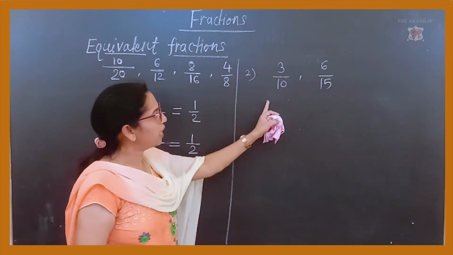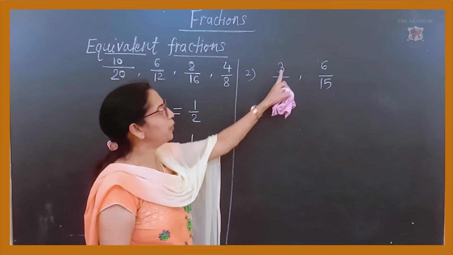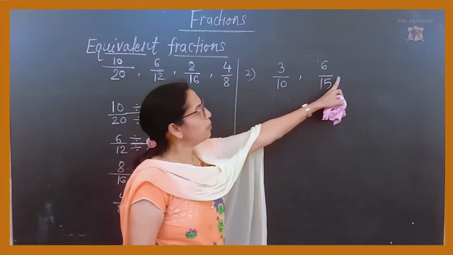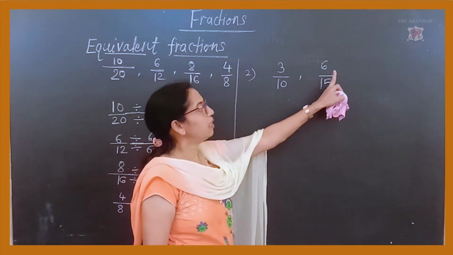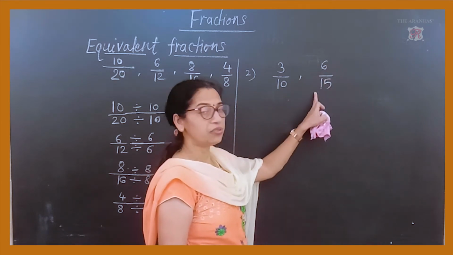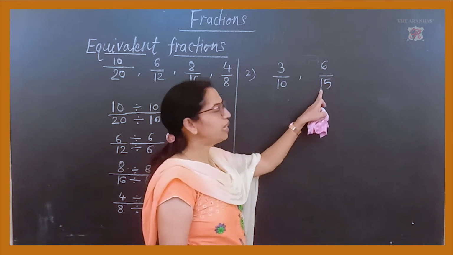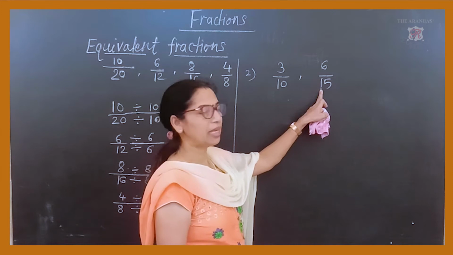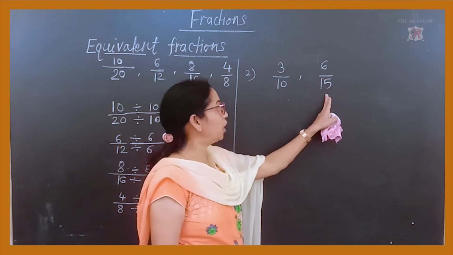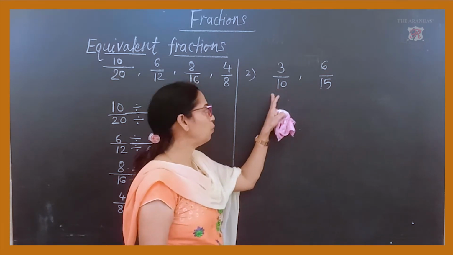If you try to divide the first fraction by 3, you cannot completely divide the denominator. The same here: if you divide the numerator as well as the denominator by 6, you cannot divide 16 completely by 6. So you cannot say they are equivalent just by observing; you have to check.